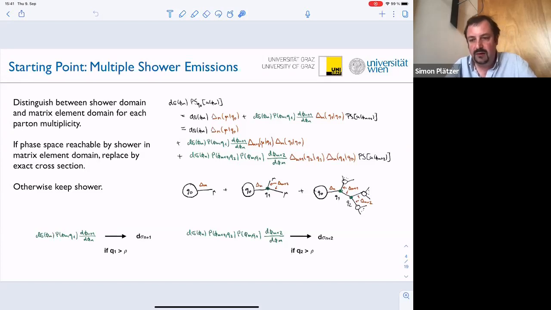Now, this is already very suggestive of an algorithm. Like in the matrix element corrections, we had knowledge that this was approximating an exact tree-level matrix element. So why don't we just replace that by the exact cross-section?